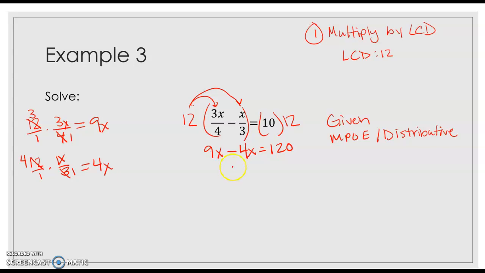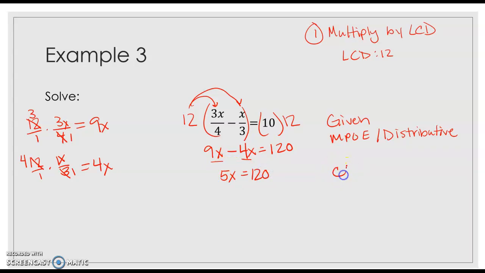All right. Keep moving. Our next step is we do have like terms here, so I'm going to combine them. When we combine same side like terms, we do not change any signs. We just do it as it is. So this is 9x minus 4x, which makes this 5x equals 120.